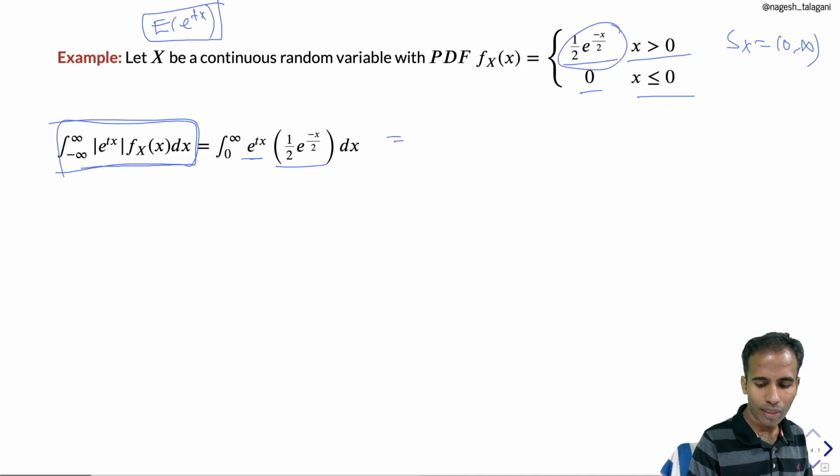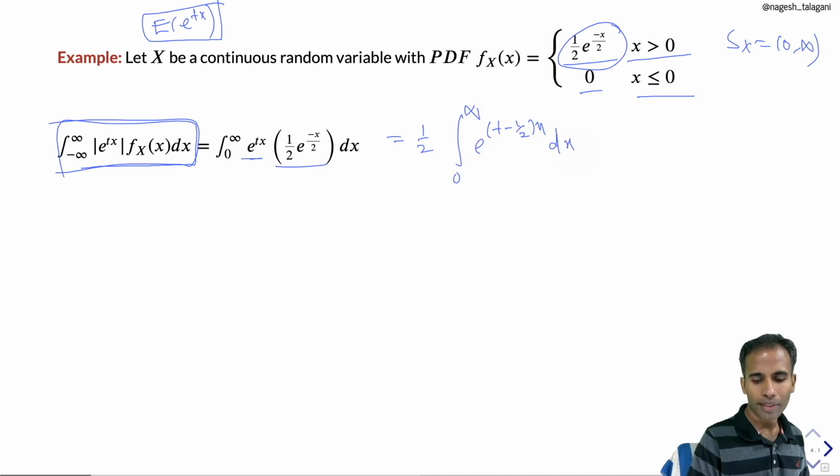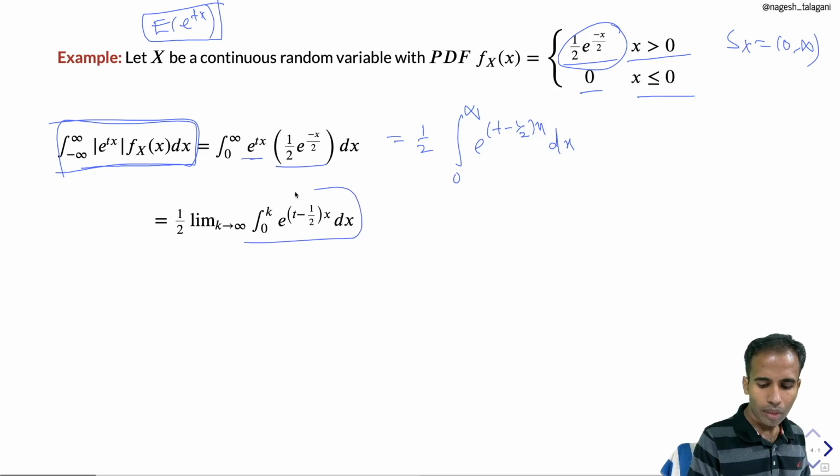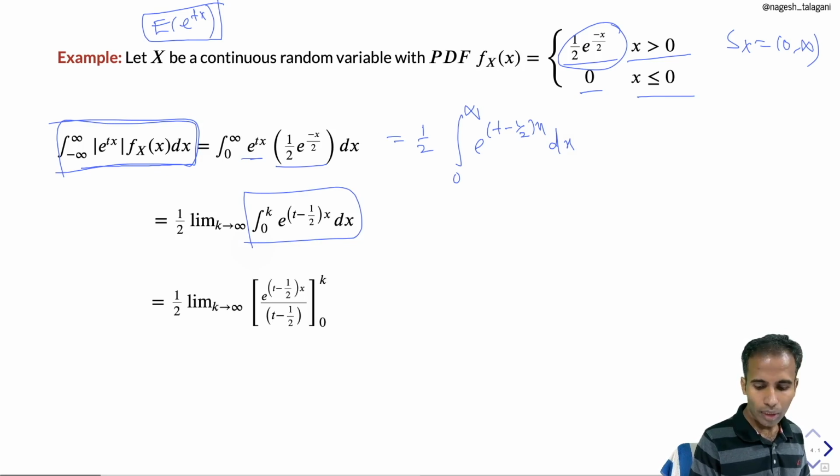If I write 1/2 outside, the integral from 0 to infinity of e^((t - 1/2)x) dx. This improper integral we can write as the limit as k tends to infinity of the integral from 0 to k of e^((t - 1/2)x) dx. The integral of e^((t - 1/2)x) is e^((t - 1/2)x)/(t - 1/2), with limits 0 to k.